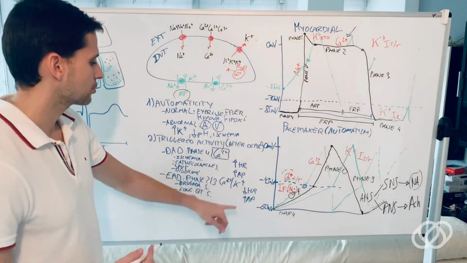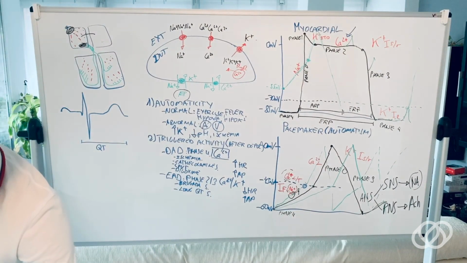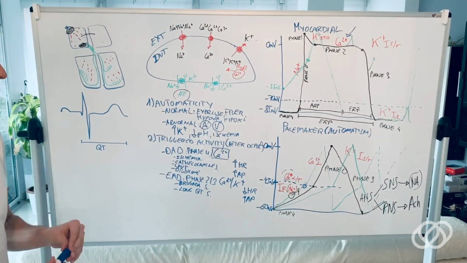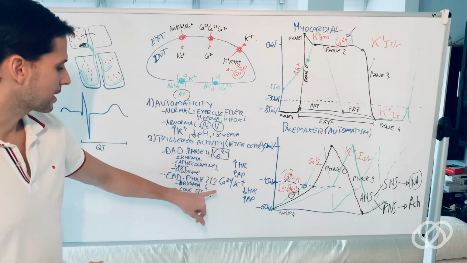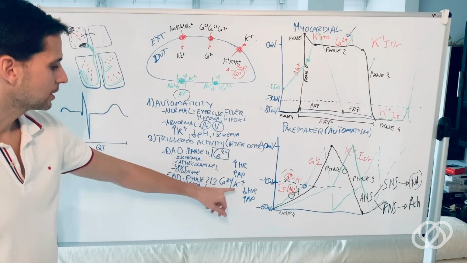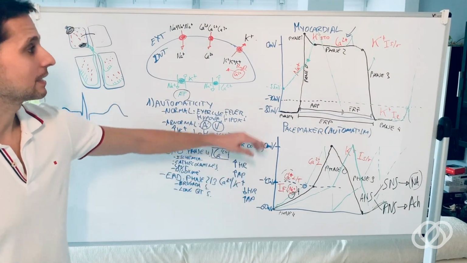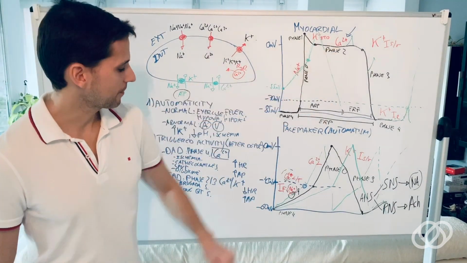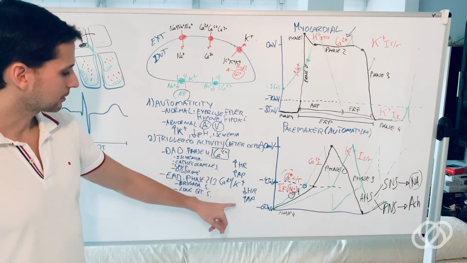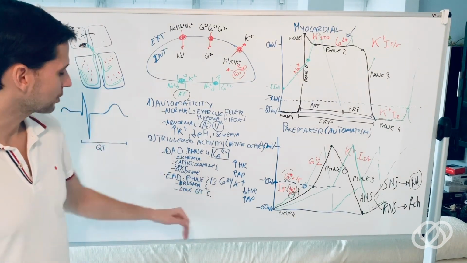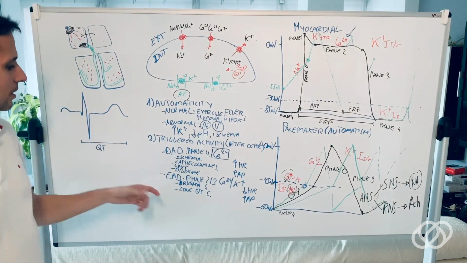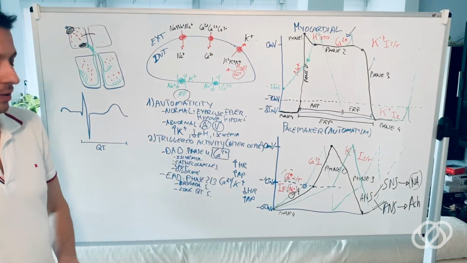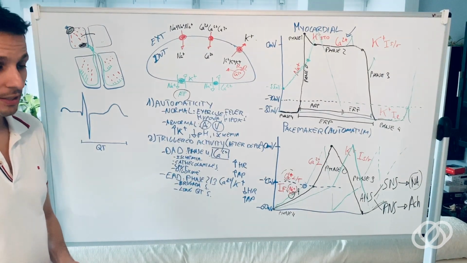So in this situation we are not going to try to give drugs that slow the heart rate, because if we have those early after depolarizations, the low heart rate can increase the frequency of those phenomena, and we are going to try to give drugs that do not increase the QT interval, like in the delayed after depolarization.